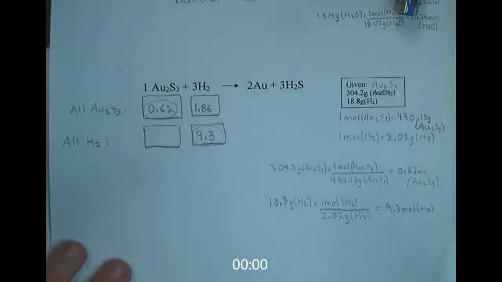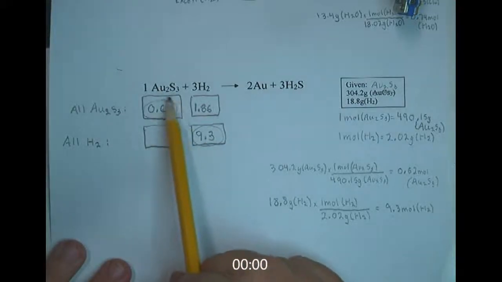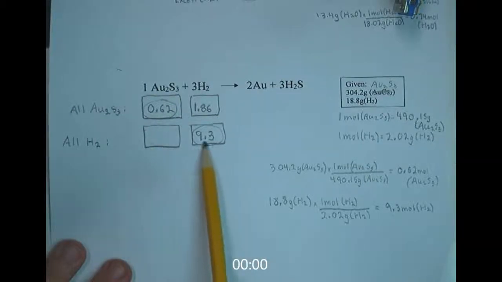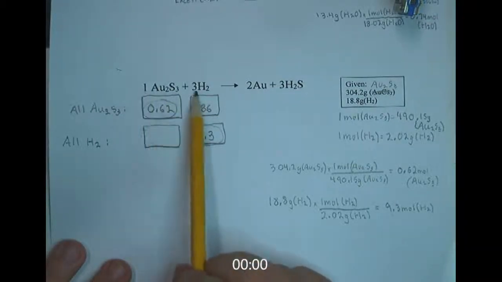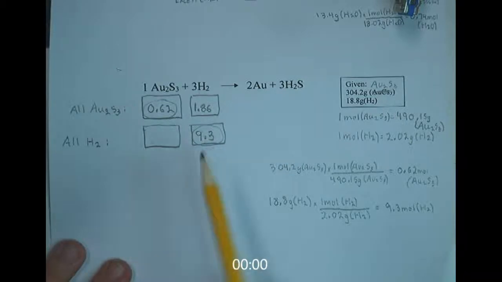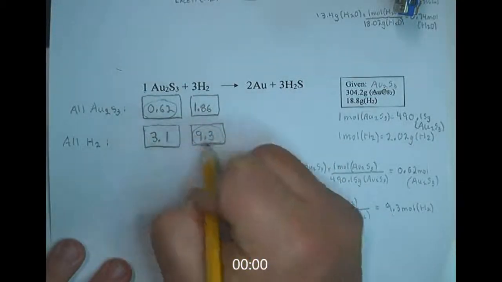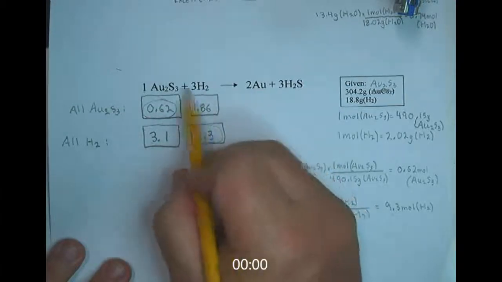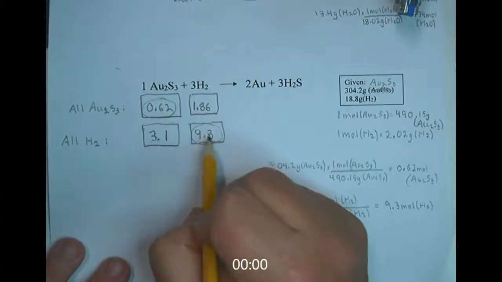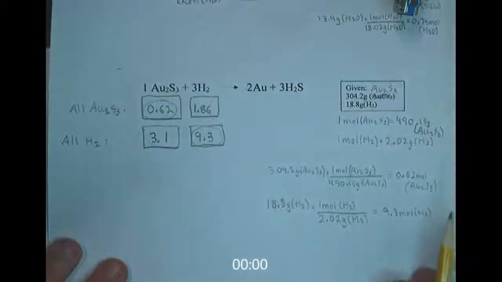Okay, so all of the hydrogen is there, and now how much of the Au2S3 gold sulfide would that translate into? You need 1/3 as much gold sulfide as you have hydrogen, so divide this number by 3 and you get 3.1 moles. That's the ratio. It's always a 3 to 1. So this is 3 to 1, this is 3 to 1, this is 3 to 1. Okay, it's just the exact same ratio.